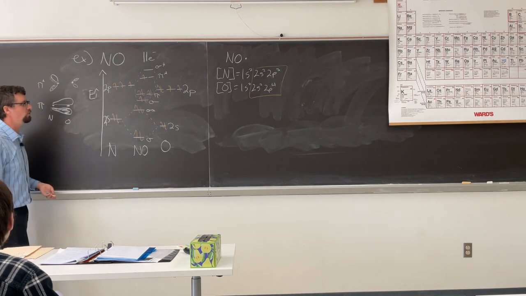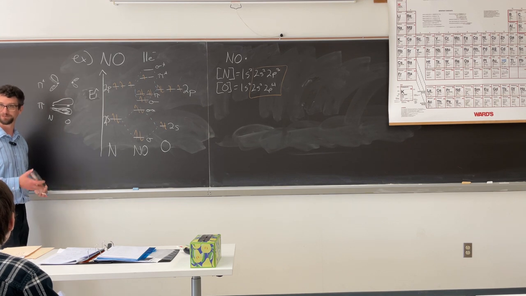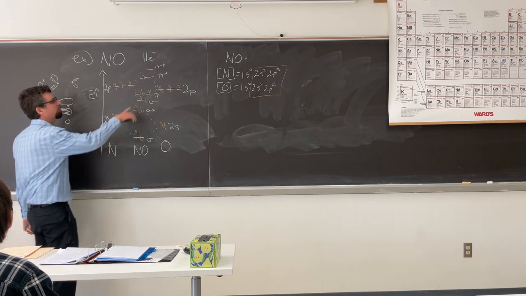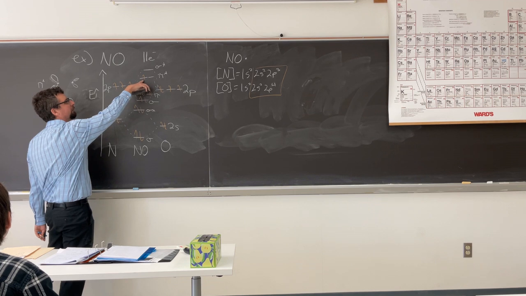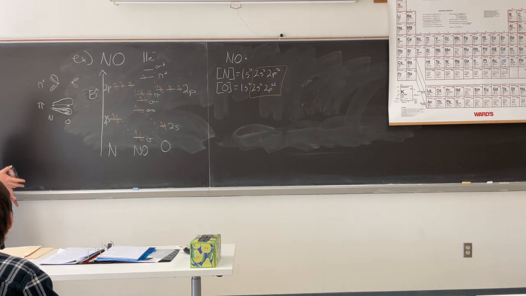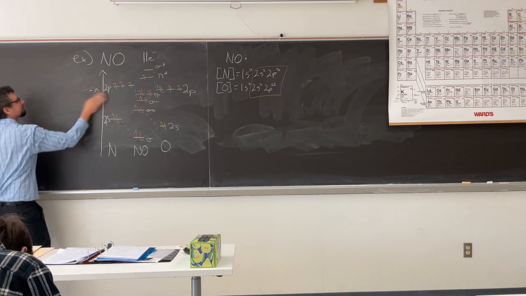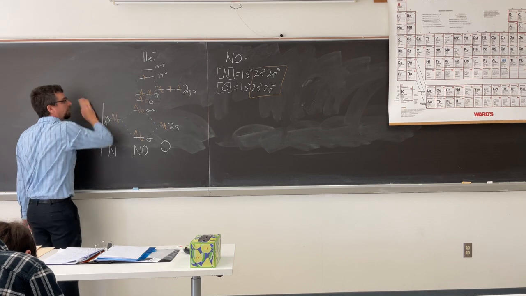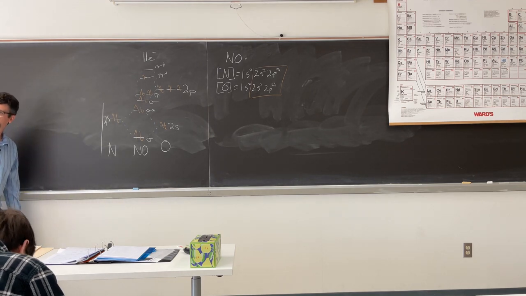But you could do other things too. You could try to pull electrons away from here, make things drop. There are other mechanisms to make things happen. Okay? Sorry, any other questions about this one?